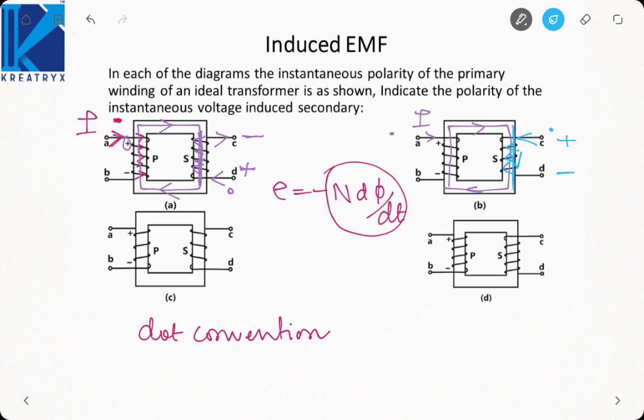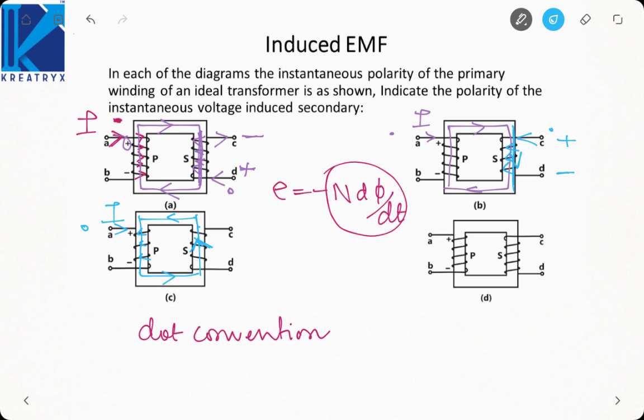Okay. In the next problem, again assume current I enters here, place a dot here. Now since current I is entering here, the current will flow like this. Since current is flowing like this, the flux will be downwards, or you can say anti-clockwise. That means in the secondary winding, the flux is upwards.